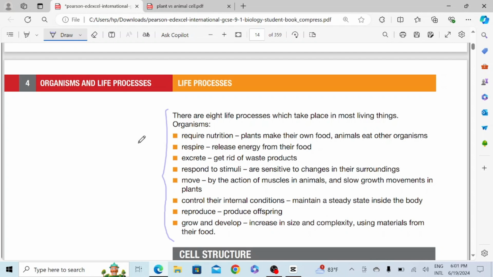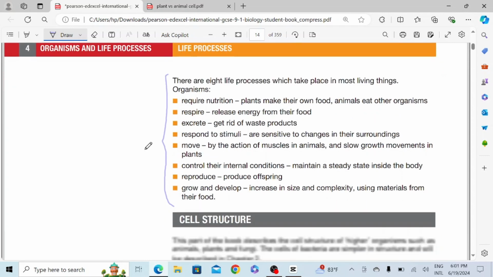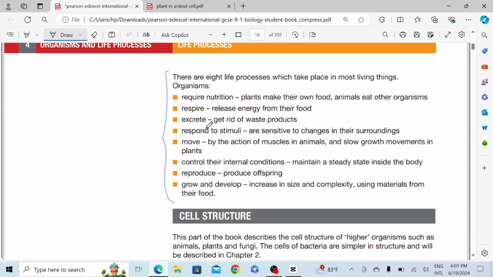In biology, respiration means releasing energy from our food that we eat, so that we can use that energy for other processes of life. Then we have excrete. Excretion is like getting rid of waste products like uric acid or perhaps carbon dioxide from our body.